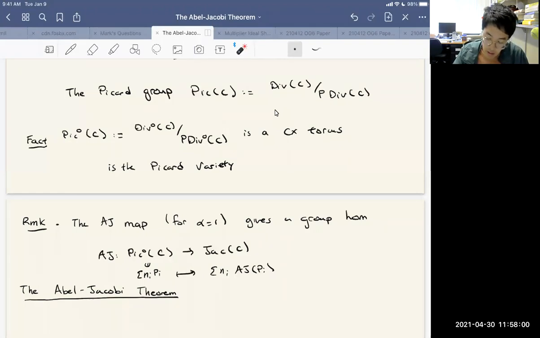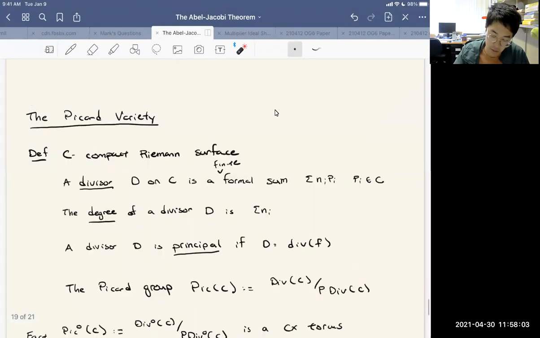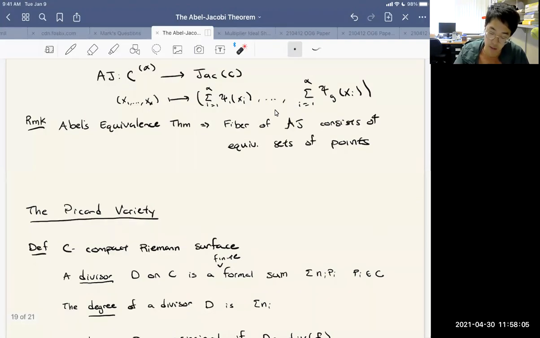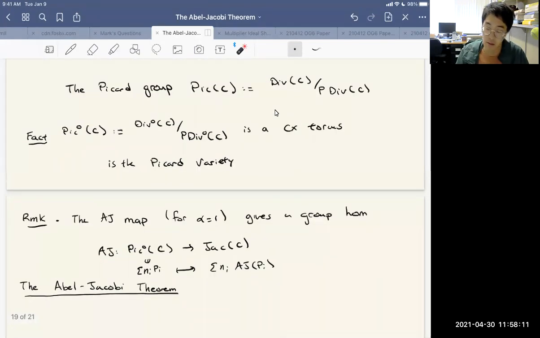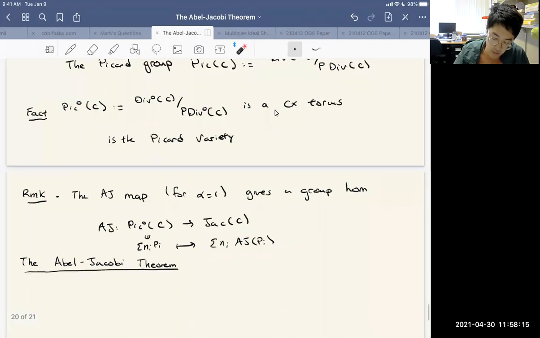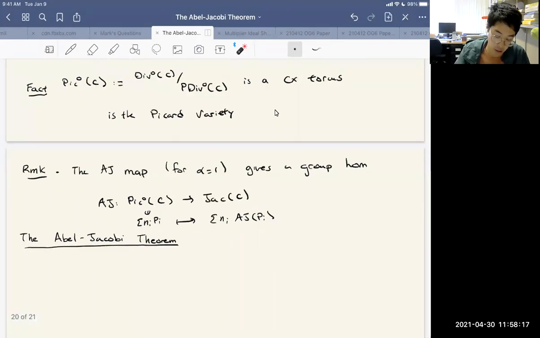So the Abel-Jacobi map, which we first interpreted as this map from symmetric products of the curve, actually makes sense at the level of divisors, and in particular at the level of the Picard group. So we can now state the Abel-Jacobi theorem as we gave at the beginning.